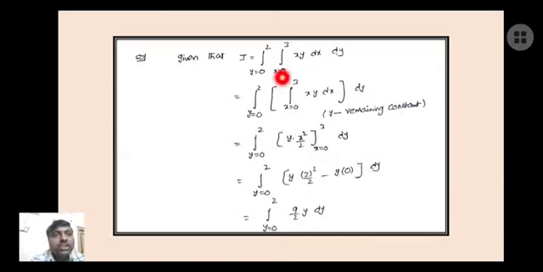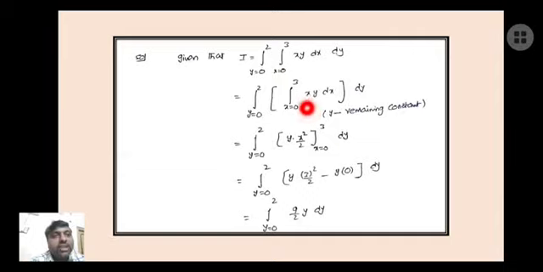Now first I am calculating the integration inside the square brackets with respect to dx. When I am calculating the integration with respect to x, y remains constant. So first of all I am calculating the integration with respect to x, treating y as constant.